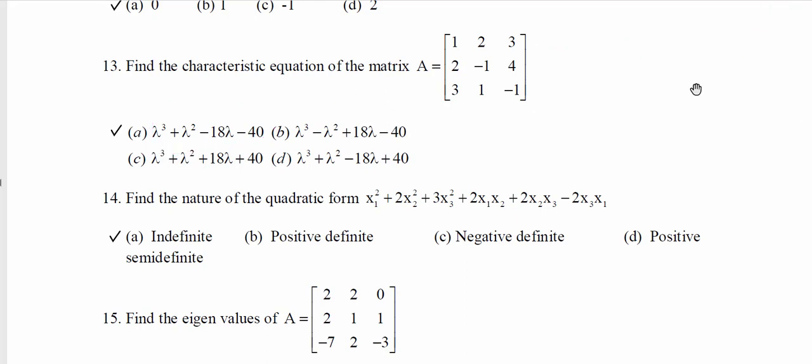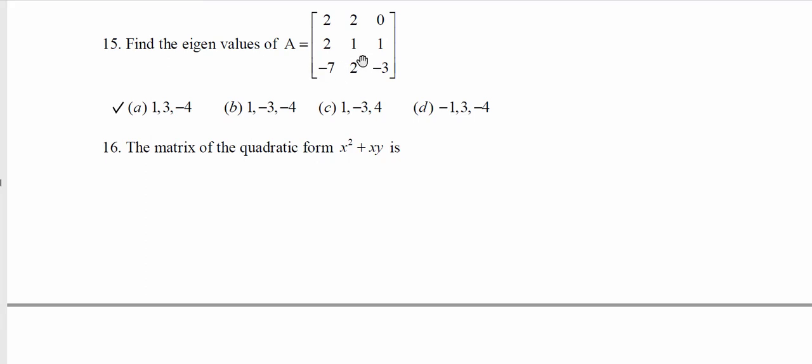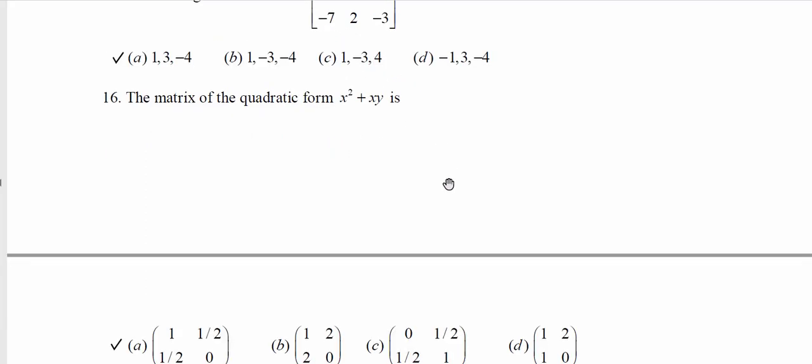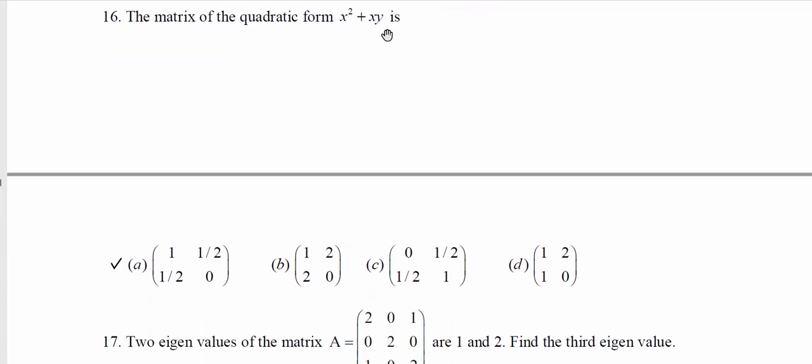Next one, find the nature of the quadratic form. After finding the eigenvalues for this 3 cross 3 matrix, the eigenvalues are a combination of both positive and negative, so it is indefinite. Next, the matrix of the quadratic form x square plus xy.